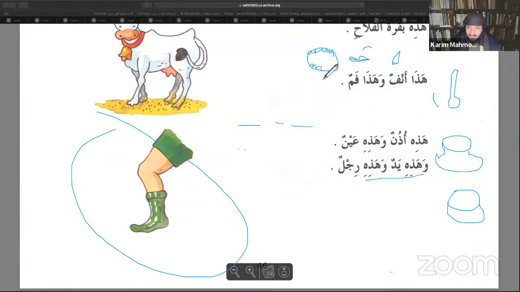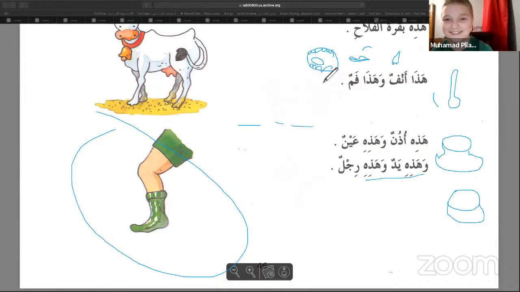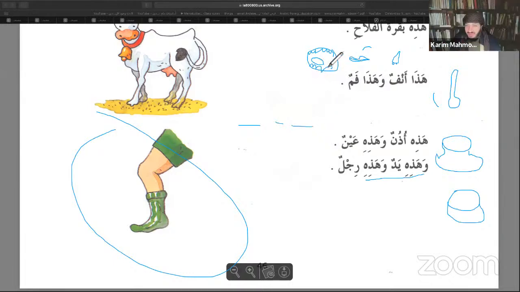Mouth. Sorry, I made the guy look like a monster. Okay. هذا فم. This is a mouth. Sorry, a mouth of a monster. Next one.